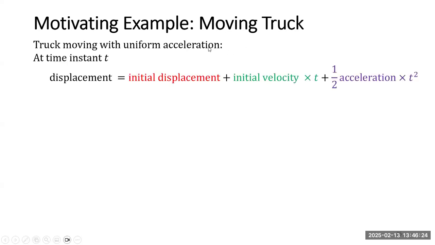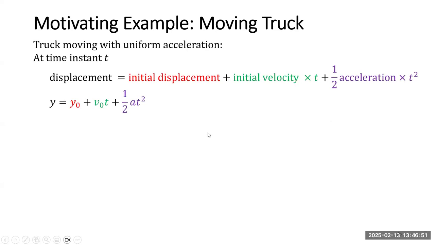So you know that the displacement at time instant t is the initial displacement plus initial velocity times t plus half acceleration times t squared. X equals x naught plus v naught t plus half a t squared. We all know this.